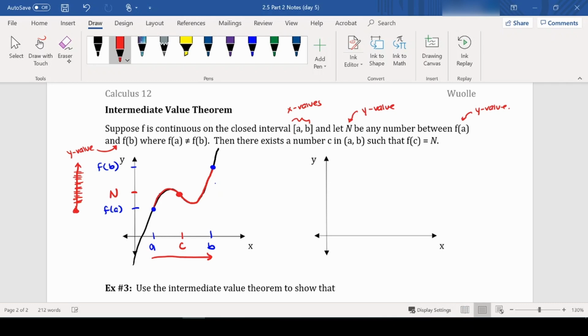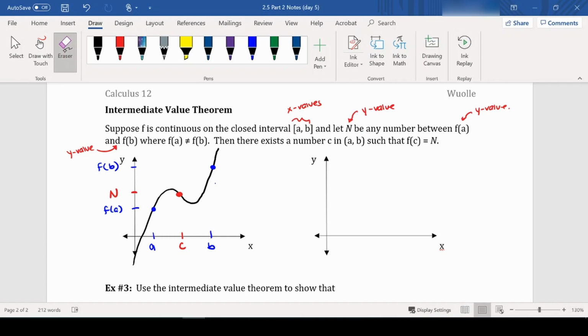It might be reached multiple times, but it has to be reached at least once. Okay. And every single one, this one also has to be reached once. Every single y value on that left-hand side must be reached at least once as I travel along the interval from a to b. That's all this is saying.